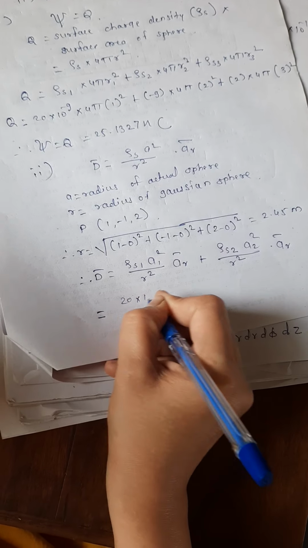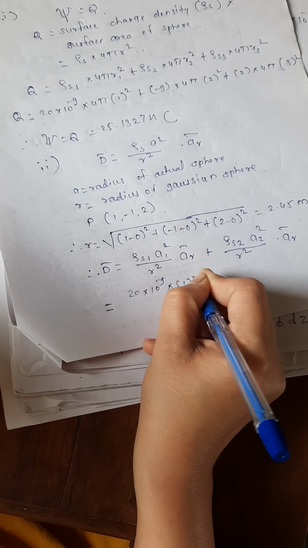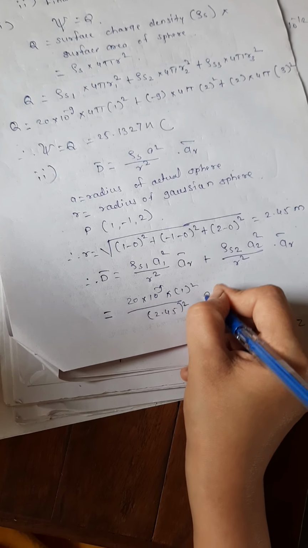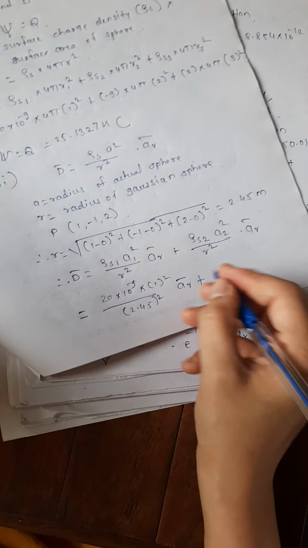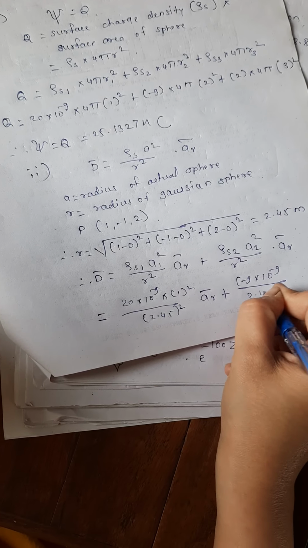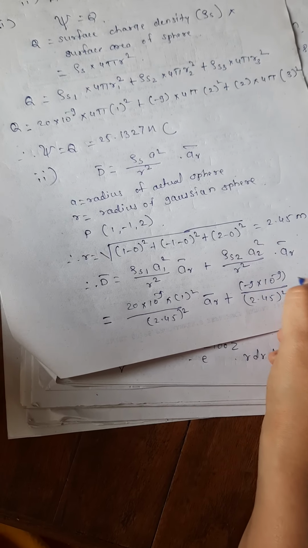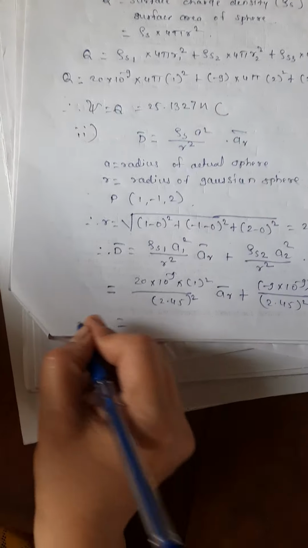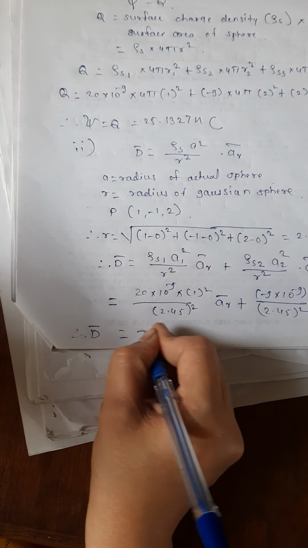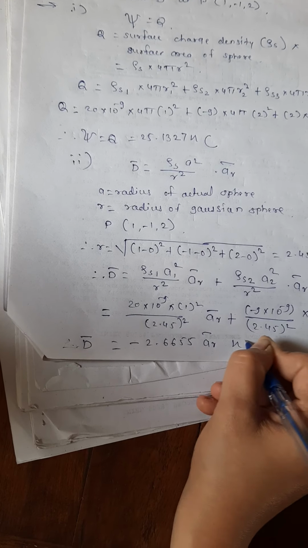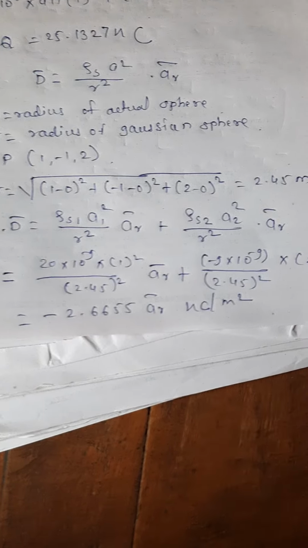It is 20 into 10 raised to minus 9 into 1 square, plus minus 9 into 10 raised to minus 9 into 2 square, divided by r square. So we get the final answer: D bar is minus 2.6655 AR bar nanocoulomb per meter square. So this is our final answer.